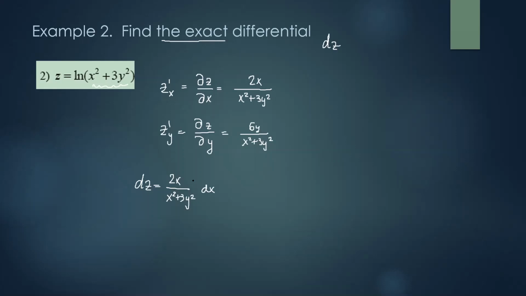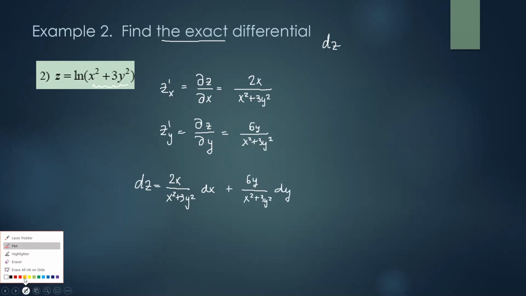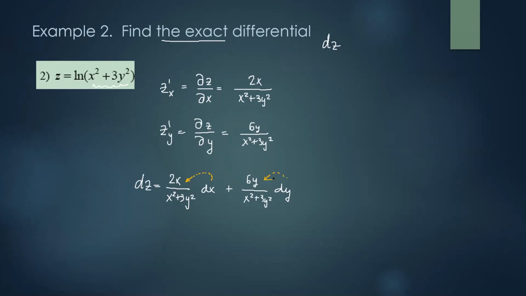So you see the derivative with respect to x times dx plus the derivative with respect to y times dy. But as I said, if it's easy for you, you may write it up on the line, no problem. What is also possible is to take the common factor out.